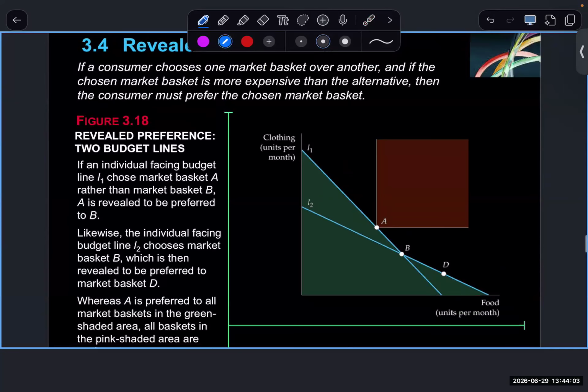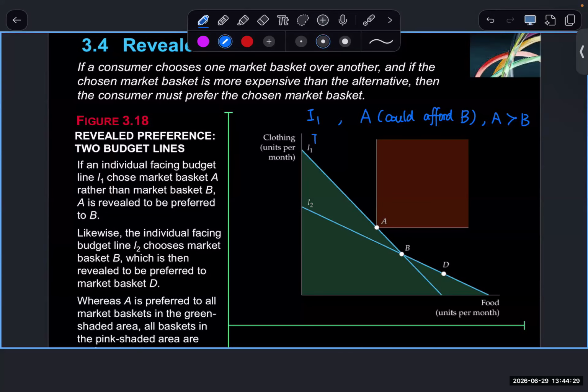So here in the budget line I1, you choose A, but you could afford B. You could afford A and B, but you choose A. That means A is preferred to B. Okay?